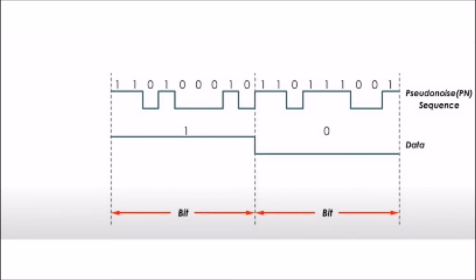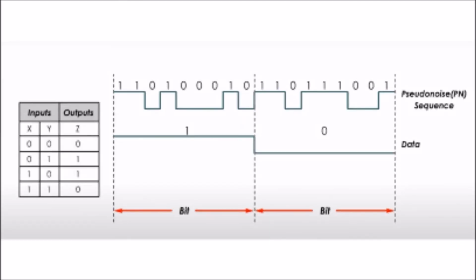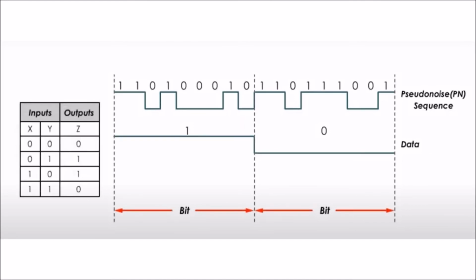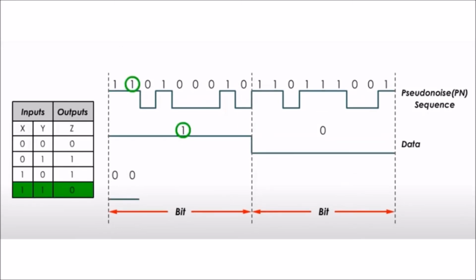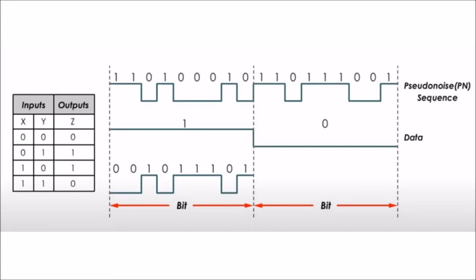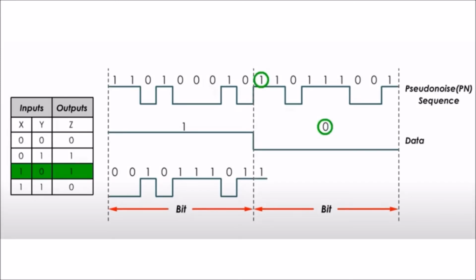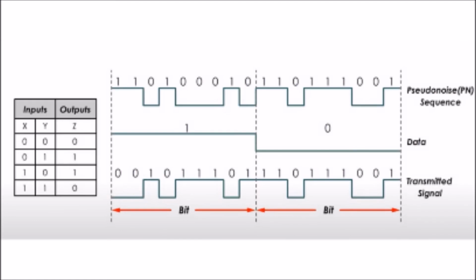The PN code has a higher bit rate than the original data. The exclusive OR truth table is used to calculate, encode and modulate the transmitted signal. 1 and 1 is 0, and then 1 and 1 is 0 again. We use this pattern for the 1 bit. For the 0 bit, 1 and 0 is 1, and so on.